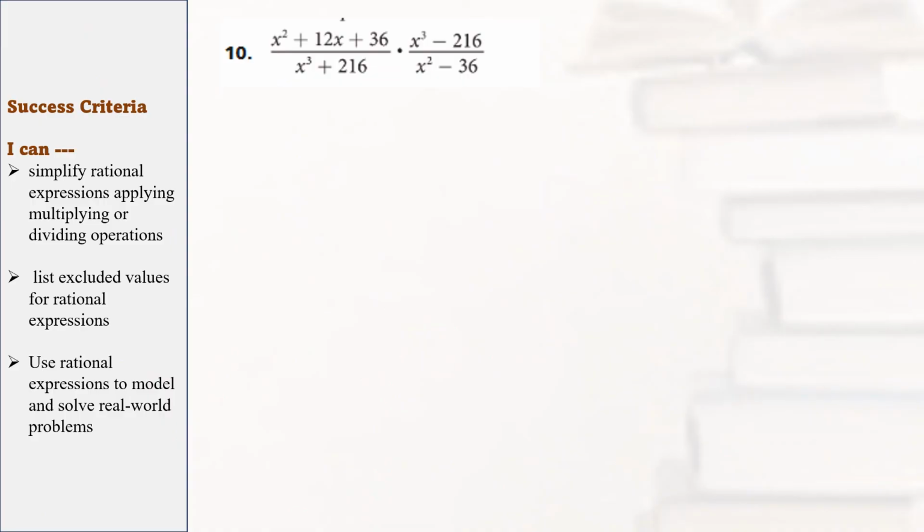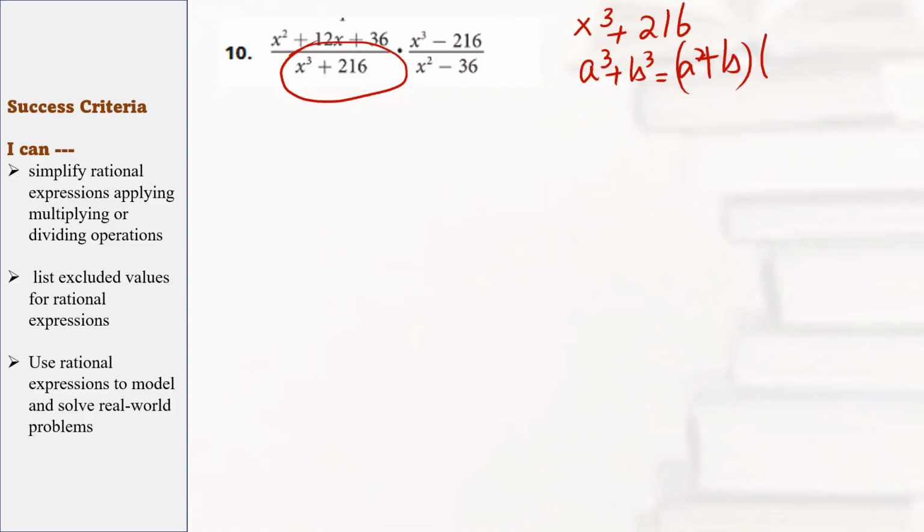Next question. First of all, I want you to see how we can solve this part. X cube plus 216. This is a formula of a cube plus b cube, which is a plus b and a square minus ab plus b square.